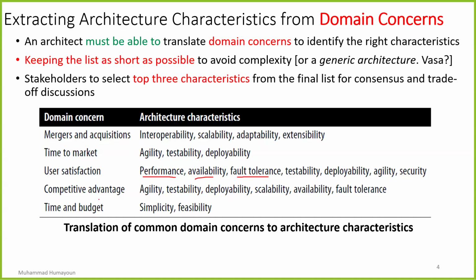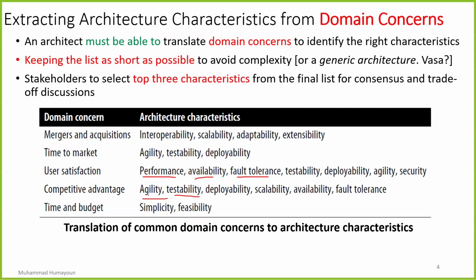Then comes competitive advantage. The domain concern is that this software will give you a competitive advantage over your competitors. Then you may want to support agility, because if it's agile, you can quickly launch it and quickly adapt it to new changes. Agility is also related to testability, because how can you quickly launch it when you don't test it properly?